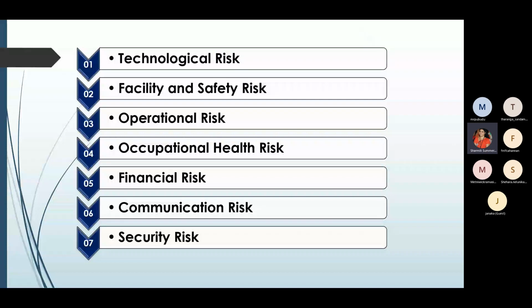Operational risk means also the activities or the actions that we are going to do to the patients. Like when taking a blood sample, we need to be careful with the patients. So before taking the blood, we need to ask some questions, whether the patient's veins are properly visible, or, for dialysis purposes for kidney failure patients, they are doing a management called dialysis.